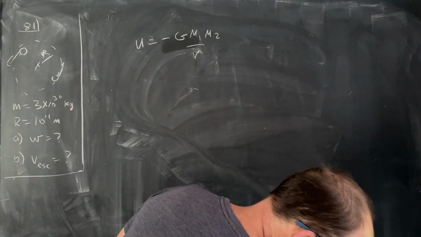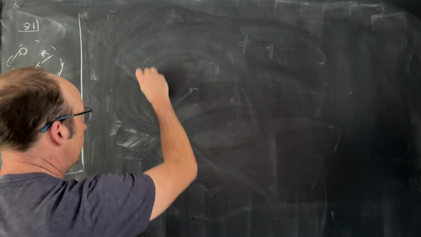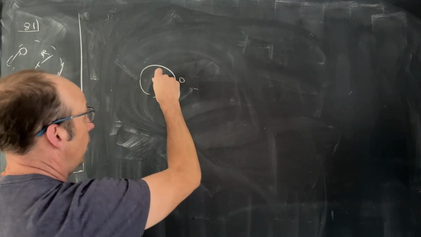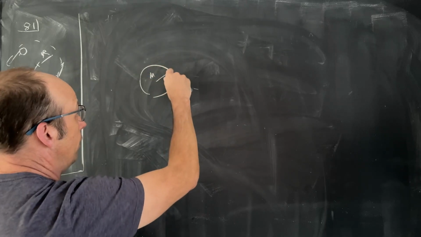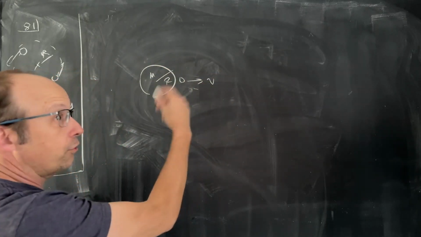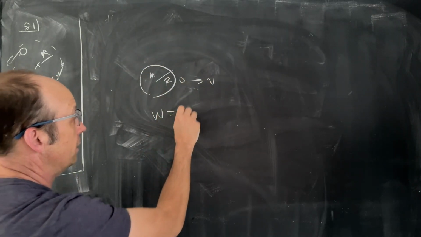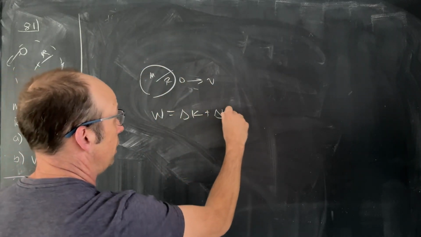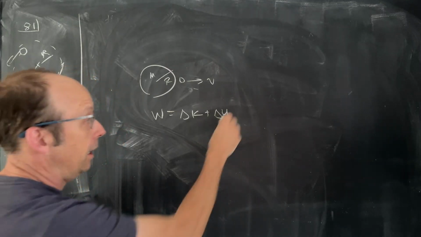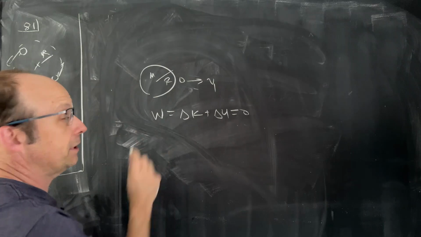Next, escape velocity. We can use that for escape velocity. So escape velocity, really quickly: if I have a planet of mass M and a radius r, and I have an object that I shoot with some velocity v. So using the work-energy principle and the system of those two things, work is a change in kinetic plus a change in potential. And there's no work done because it starts with some initial velocity v1 at a position r.